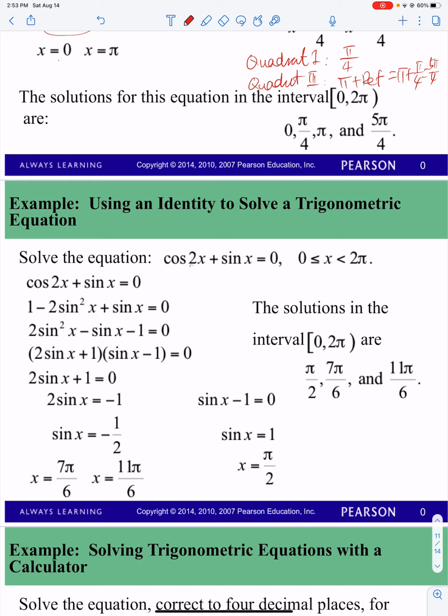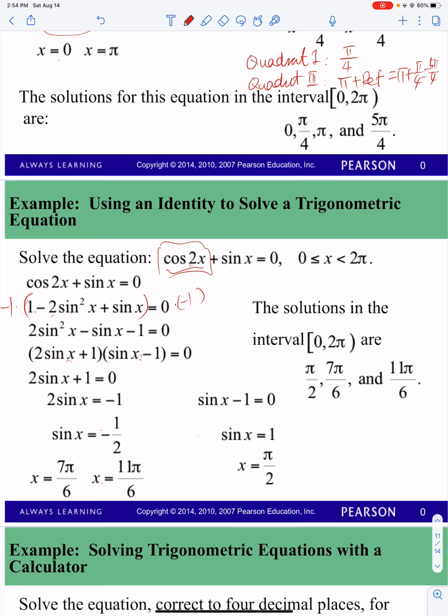Sine x you cannot change to cosine anymore, but cosine 2x you can. This means you can use the formula for cosine 2x in terms of sine: 1 minus 2 sine squared x, plus sine x. Then you want to keep the leading term positive, so you multiply by -1 on both sides. You have 2 sine squared x minus sine x minus 1 equals 0. Then you can factor it.